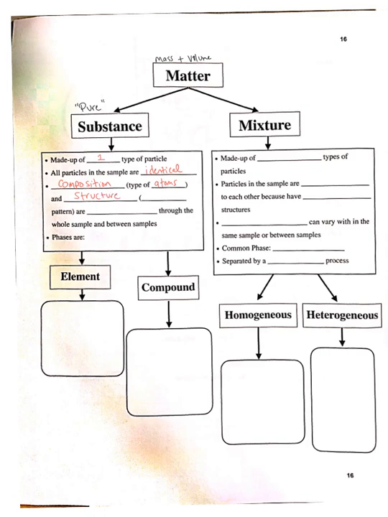Because all of those atoms are linked together with the same bonding pattern. So substances are pure. They're made up of one type of particle. All particles in the sample are identical because the composition, the type of atoms present, the structure, the bonding pattern are the same through the whole sample and between samples.